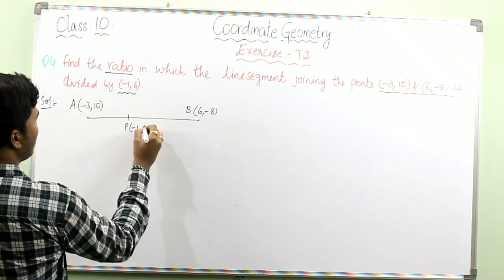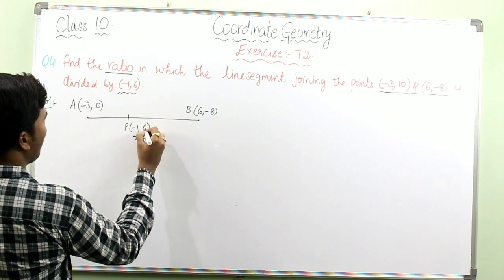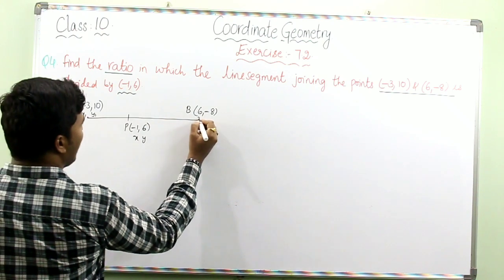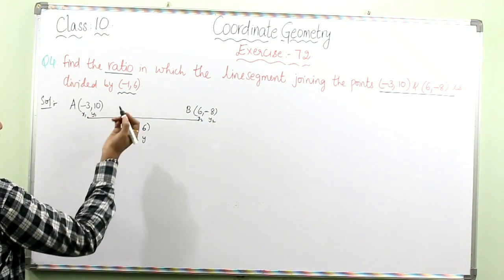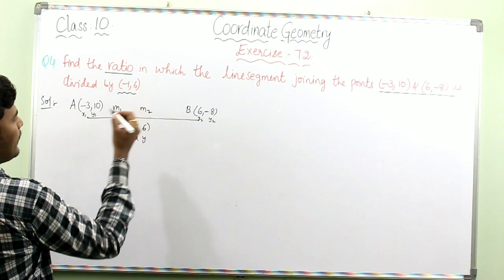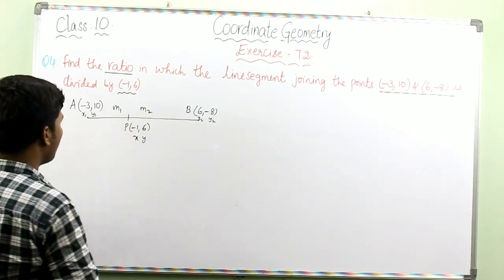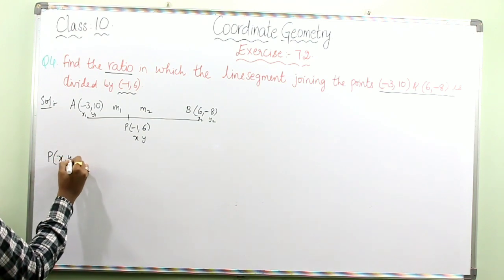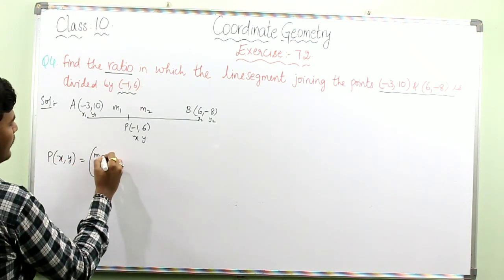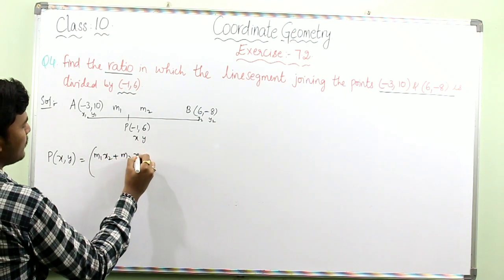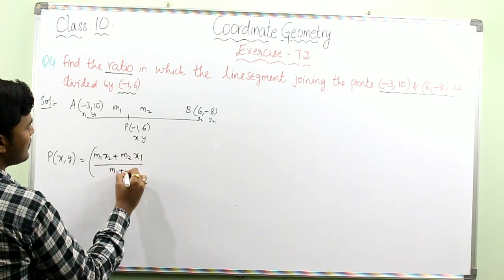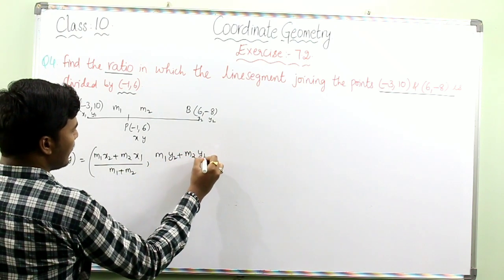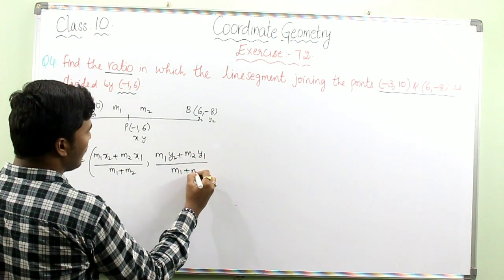Let us consider the point x comma y as minus 1 comma 6 and name these points as x1 y1 and x2 y2, and we have to find out the ratio m1 and m2. So for that let us consider the section formula, that is P of x comma y is equals to m1 x2 plus m2 x1 by m1 plus m2 comma m1 y2 plus m2 y1 by m1 plus m2.